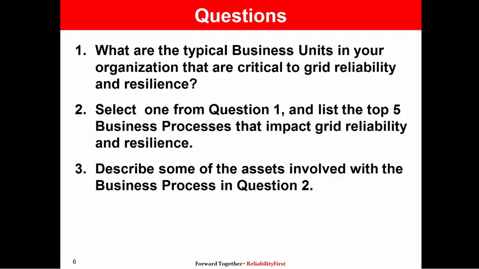Our third question describes some of the assets involved with the business process in question 2. All right, so assets could include IT equipment in the IT cybersecurity policy, or people in the HR training and certification process. We may look at routers, we may look at networks for IT.